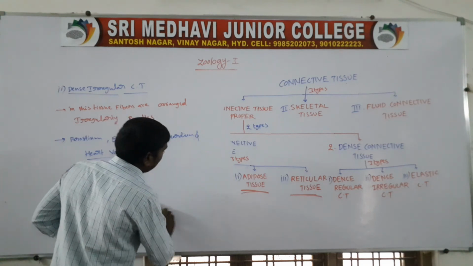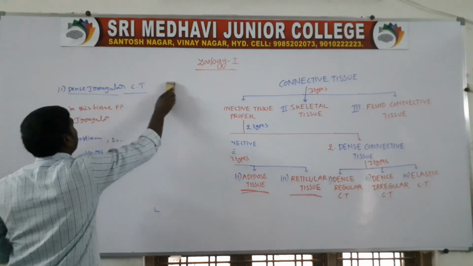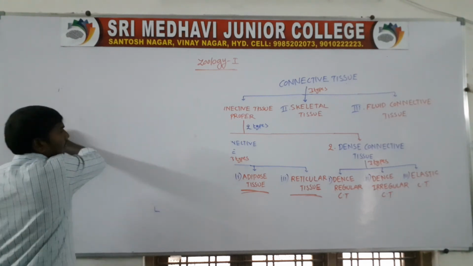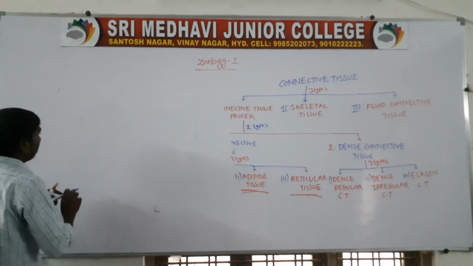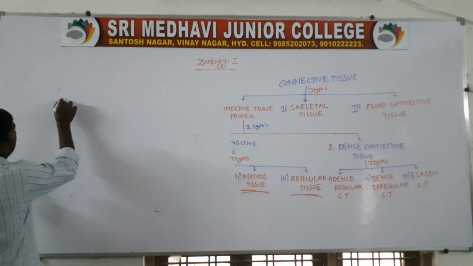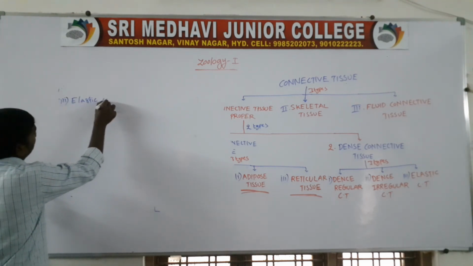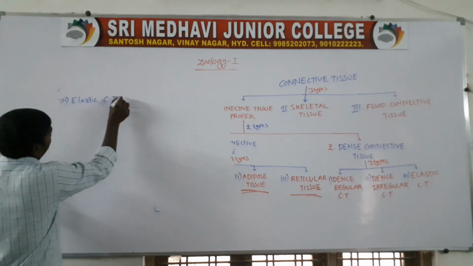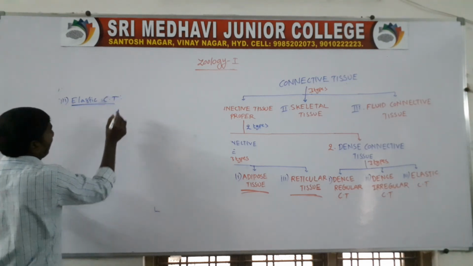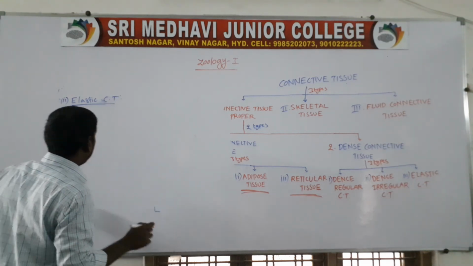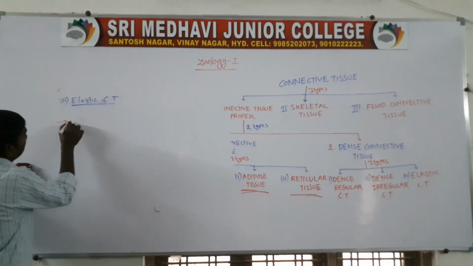Last one, the third one, elastic connective tissue. Elastic connective tissue has more yellow-colored elastic fibers.